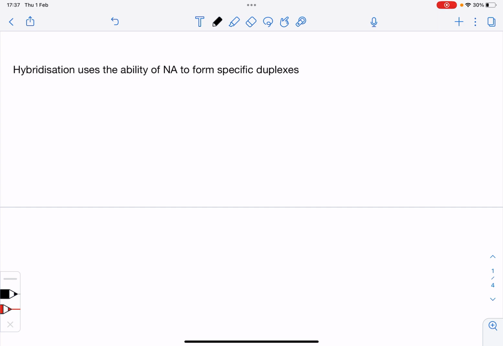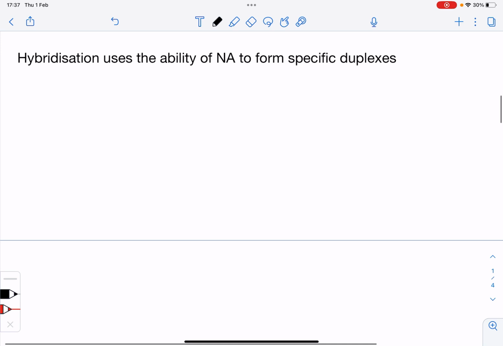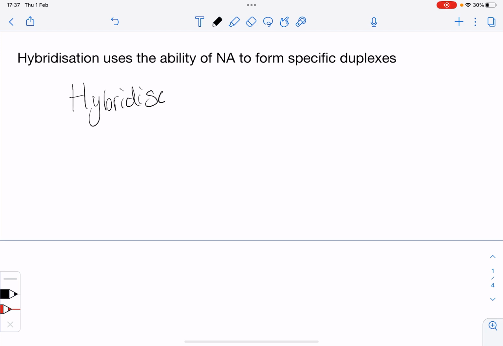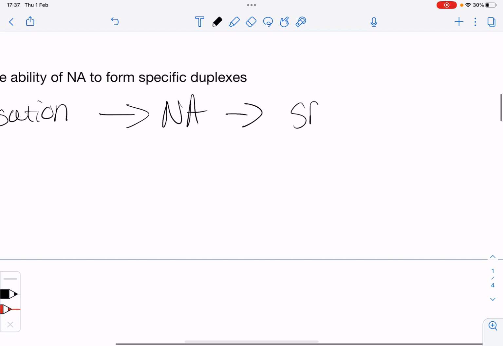So when making specific duplexes, hybridization harnesses the unique ability of nucleic acids to bind with nucleic acids to form specific duplexes.